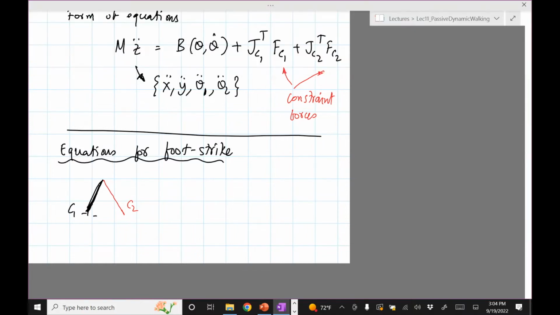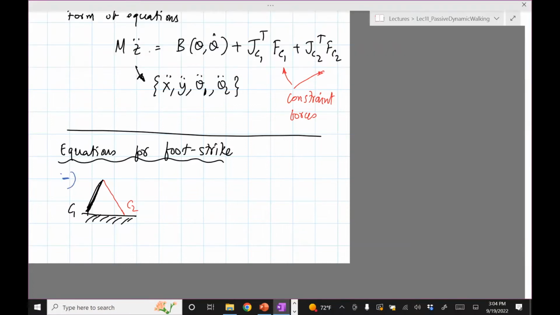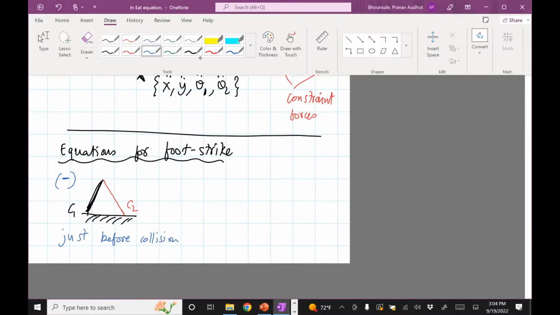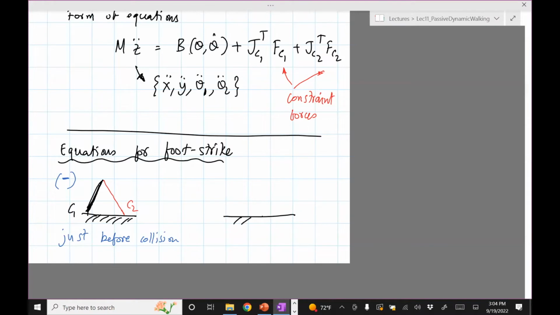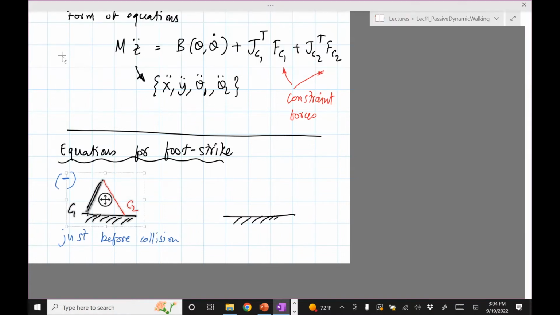It would then collide with the ground. So let's denote this case, just like we denoted it for the bouncing ball, as negative, just before collision. And then just after collision, I can just copy this.